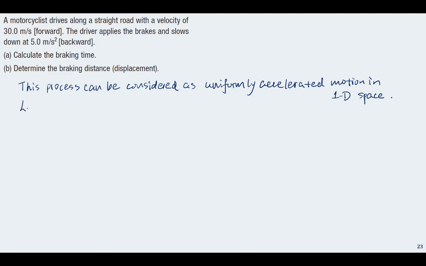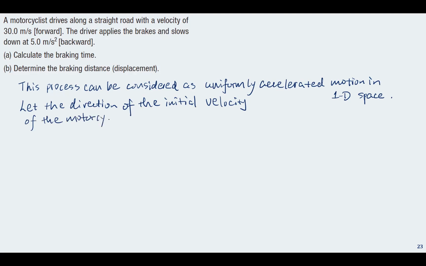So we let the direction of the initial velocity of the motorcyclist be the positive direction.